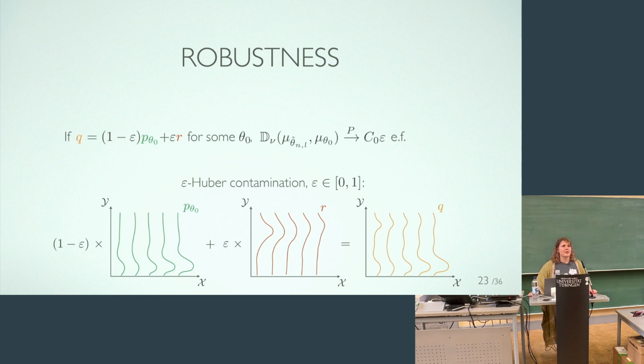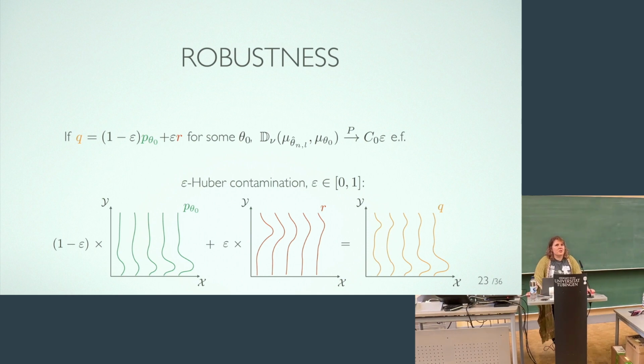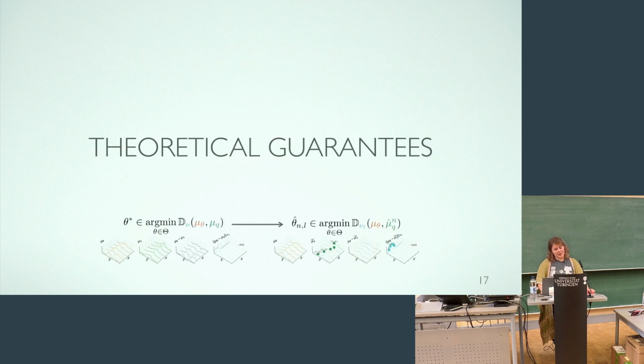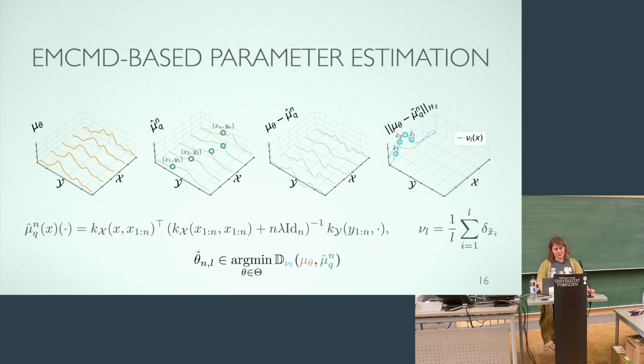So in variational inference, you would approximate an unknown distribution generally with something well understood, like a Gaussian. Here, I'm going to go back to the approximation to mu q hat.